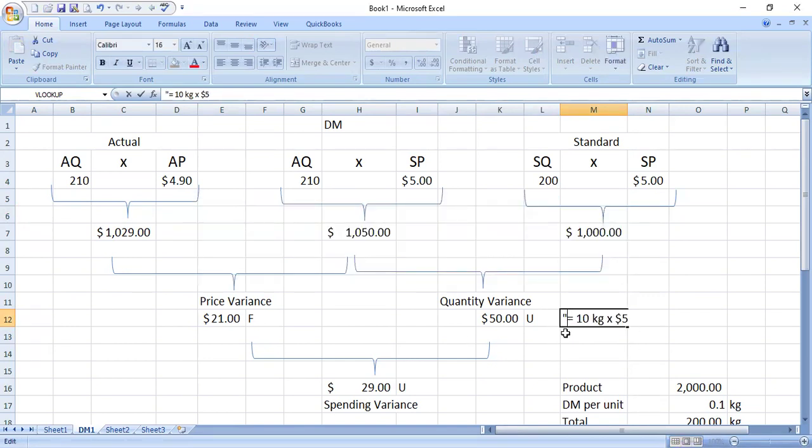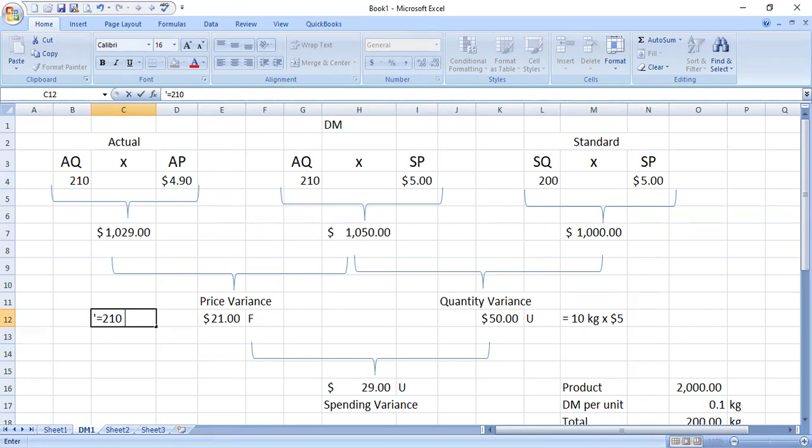Let's make it like this, so that can stay as a formula here and not disappear. How about on the other side? Now I'm using 210 kilograms, but I'm supposed to pay $5, and I'm spending $4.90.